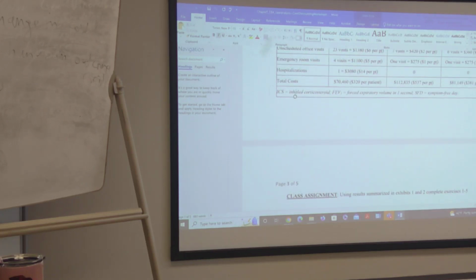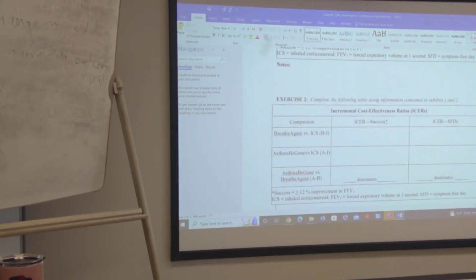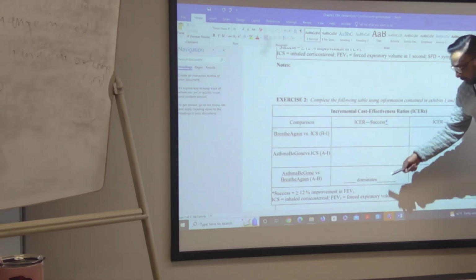And the other one was to do the incremental cost effectiveness ratio. You compare Breathe Again with ICS, Asthma Be Gone with ICS, and then Asthma Be Gone versus Breathe Again. And see which one is dominant or not, and so on. And then below you write whether this dominates that or not.